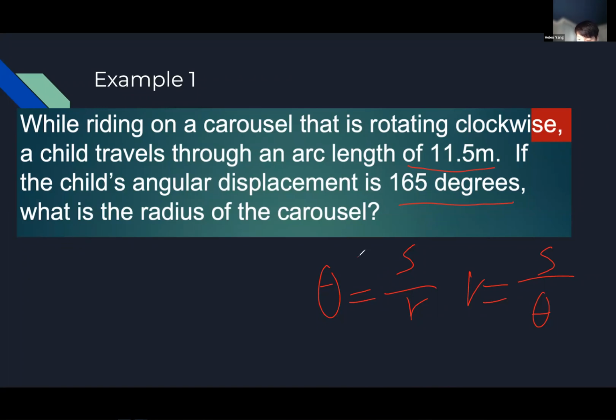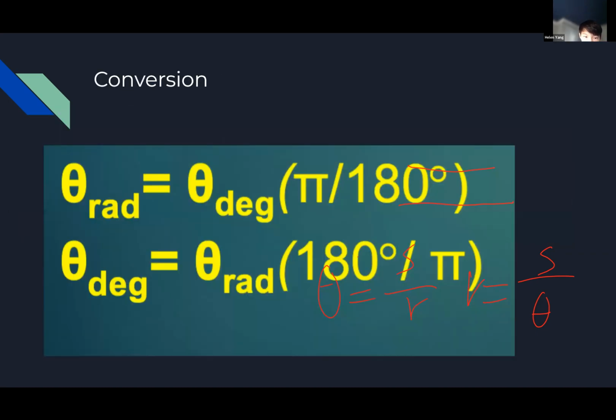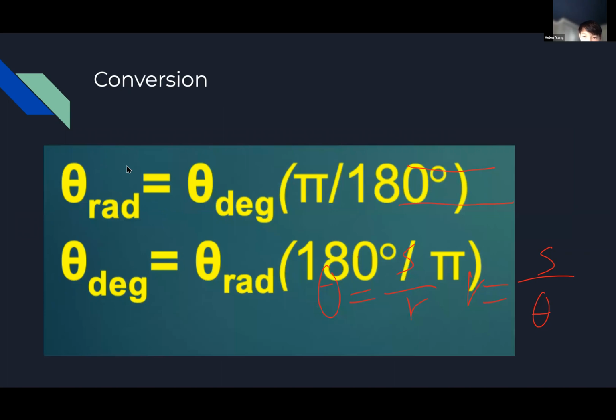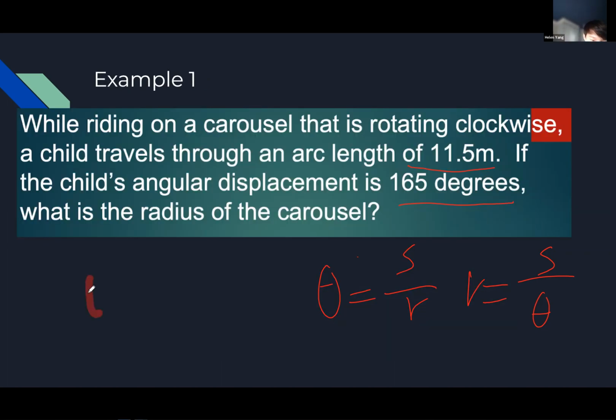Based on the conversion from before, radians is equal to the degrees times pi over 180. So rad is equal to 165 degrees times pi over 180, and you would get 2.88 rad.